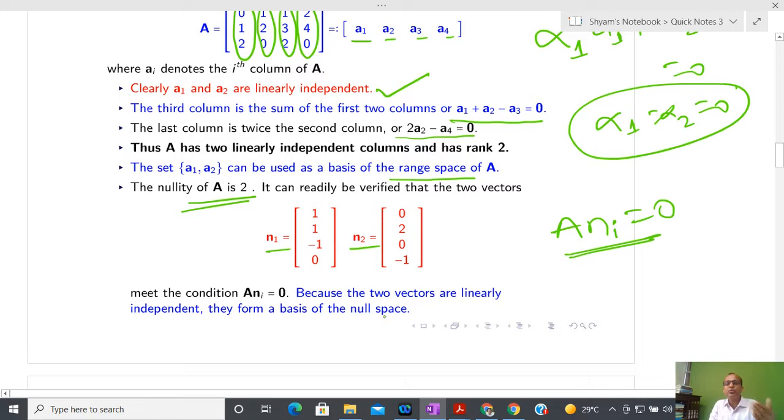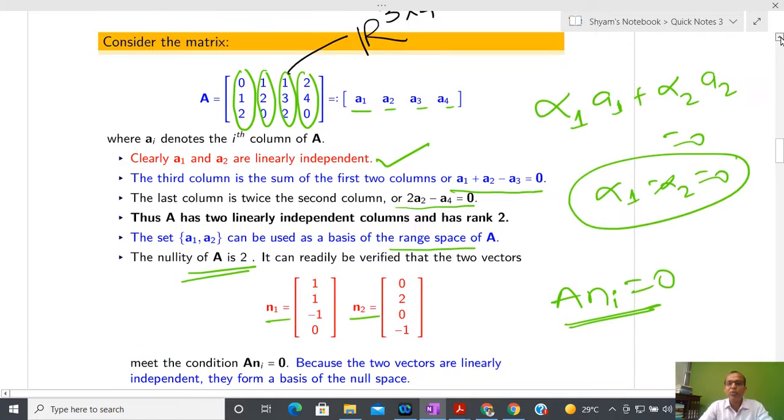Then only using those two linearly independent null vectors, I am able to generate the rest of the null vectors. Anyone has confusion? Due to that reason, whenever you have a matrix, you are able to find the null vector.